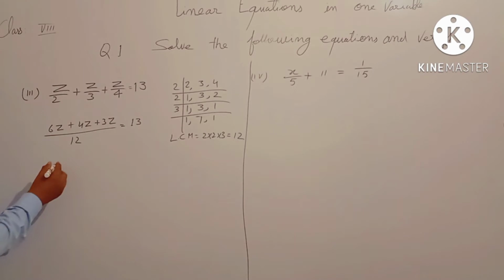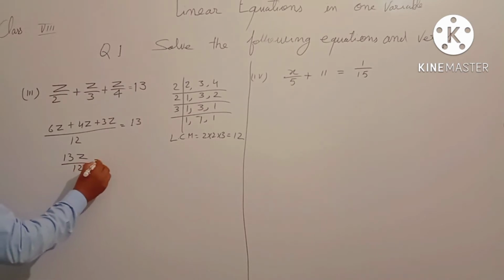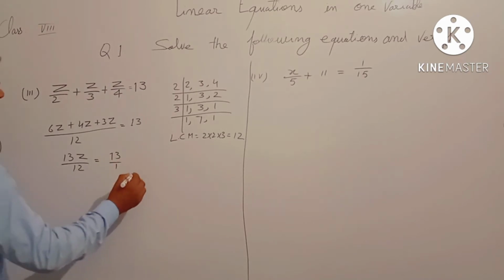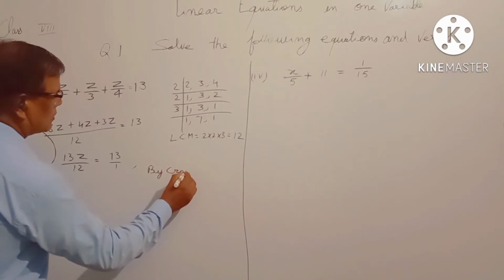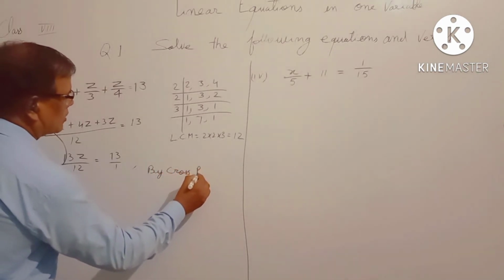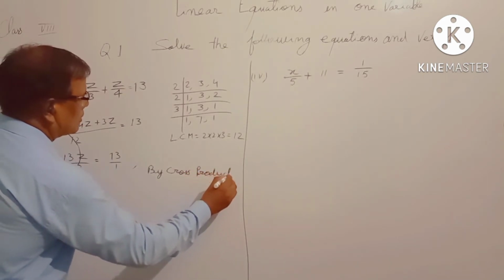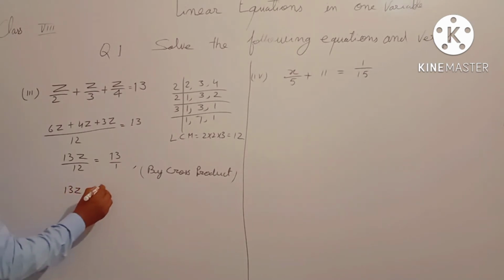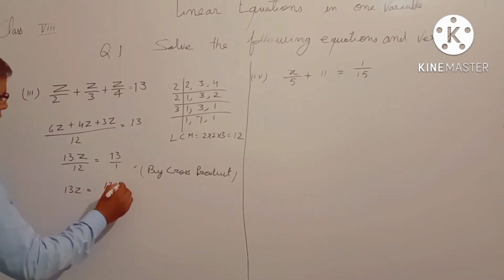Now we add this. Here it is 13z by 12 equal to 13. Now by cross product we will put 1 here, and by cross product we will multiply this one as 12 into 13. 13z equal to 13 into 12.